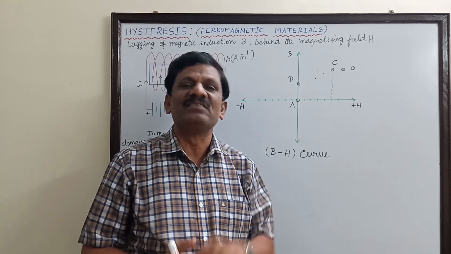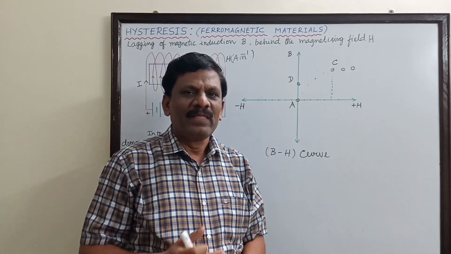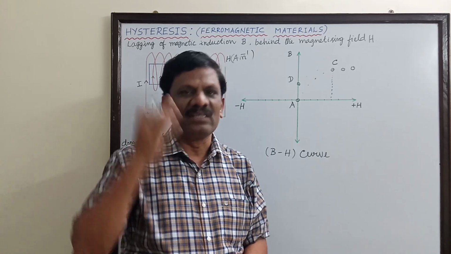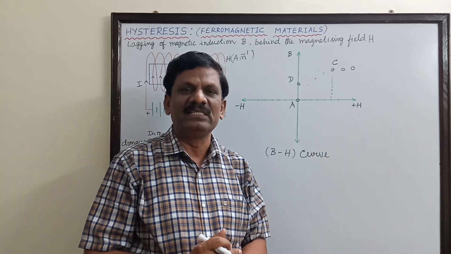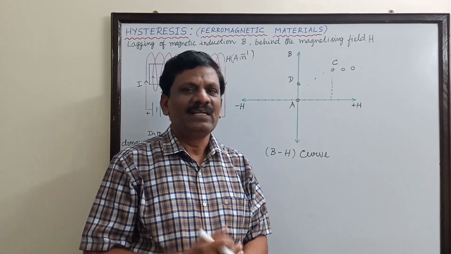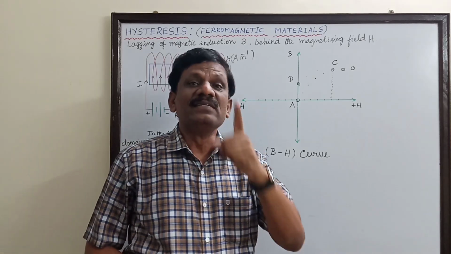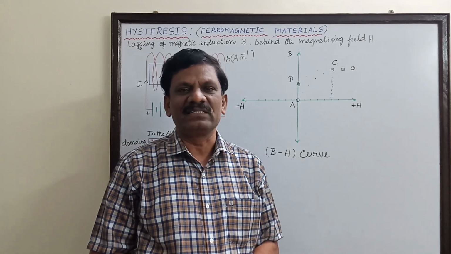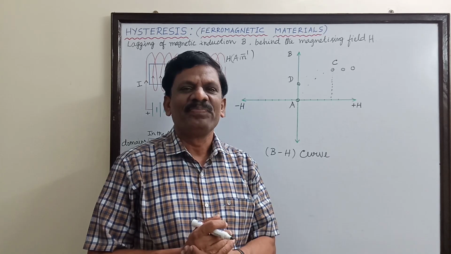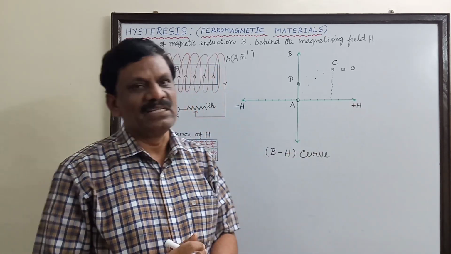Some magnetism is retained. When we retain some explanation given by the teacher for a longer period, the teacher will say our retentive power is high. Like that, this ferromagnetic sample is retaining some magnetic induction inside itself, even when the external magnetizing field is 0.